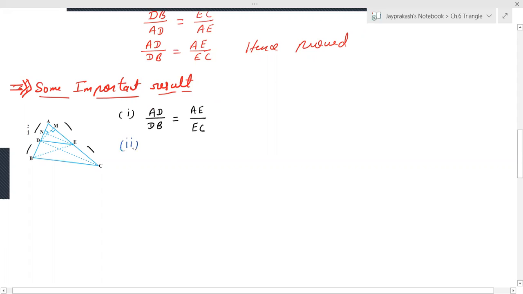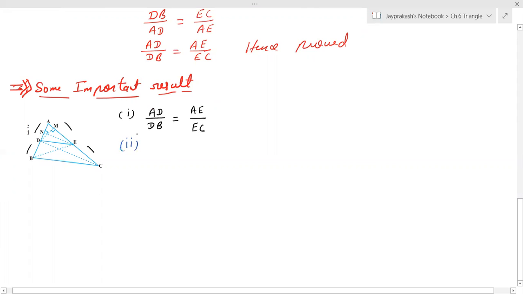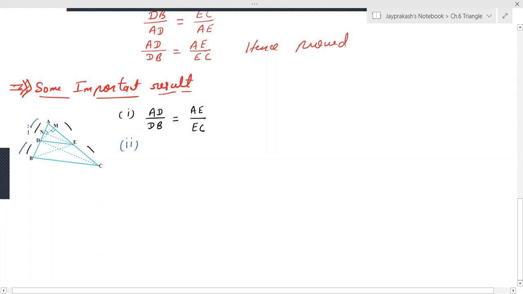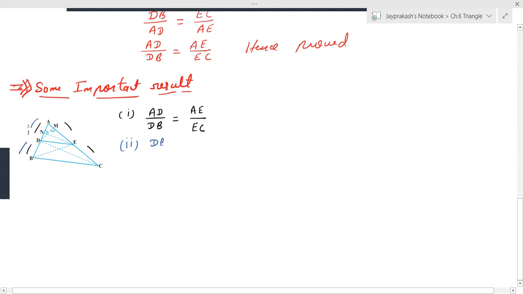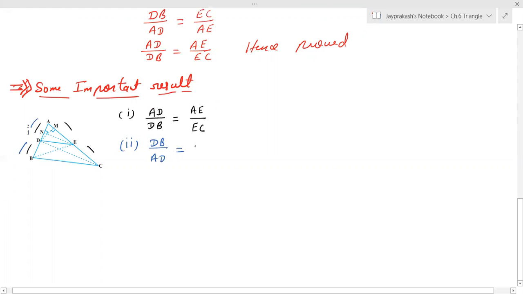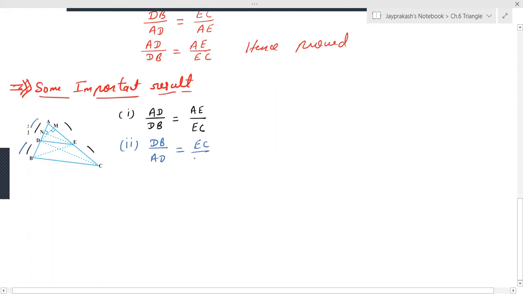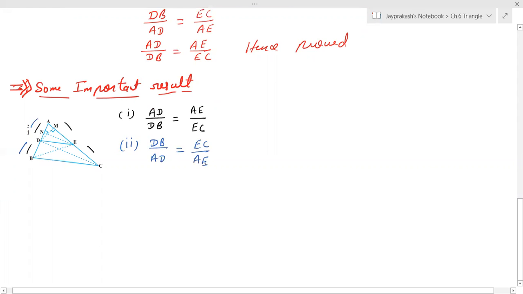Now for the second part, you can write the reciprocal, that means lower part upon upper part, the reciprocal of the first result. So we are taking EC upon AE.